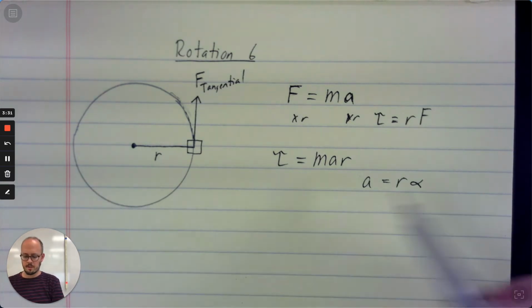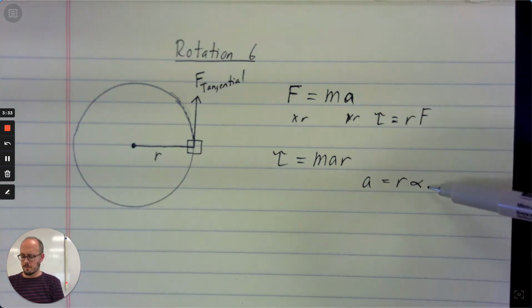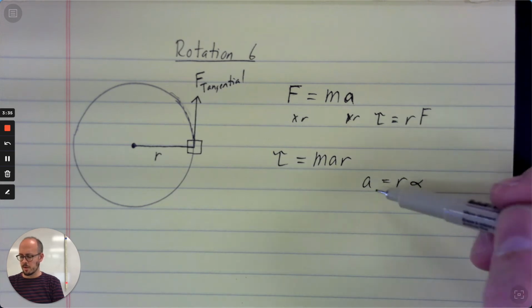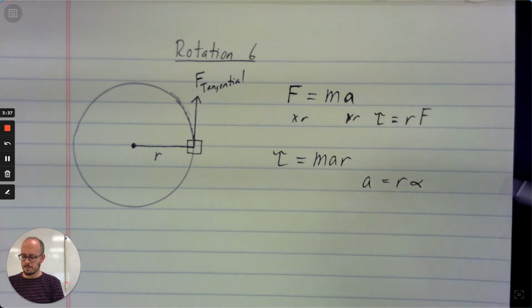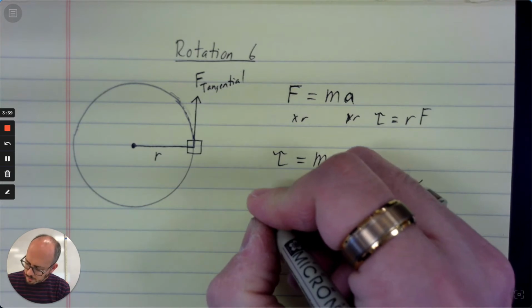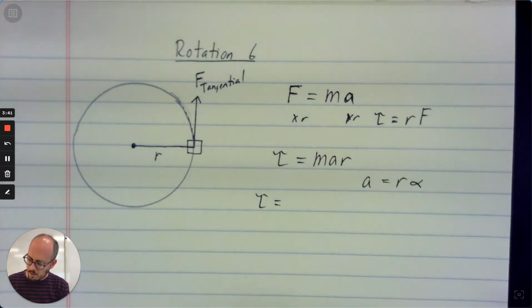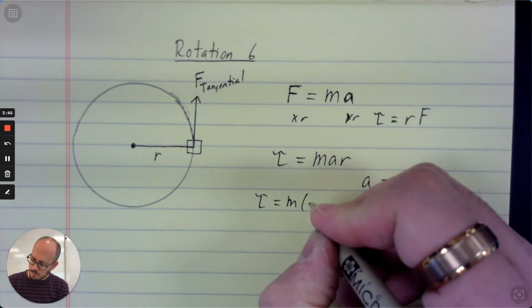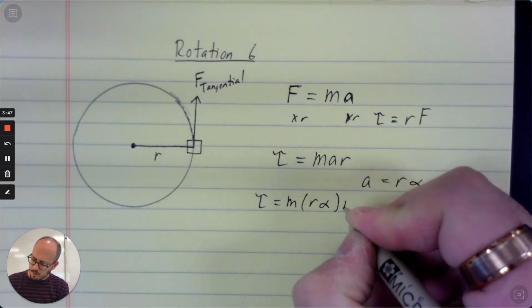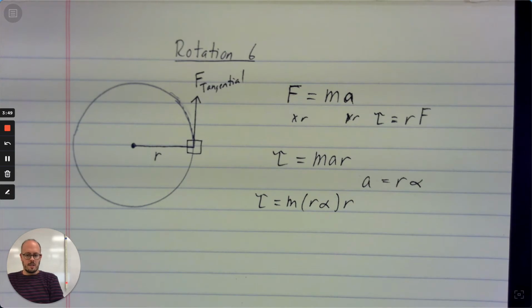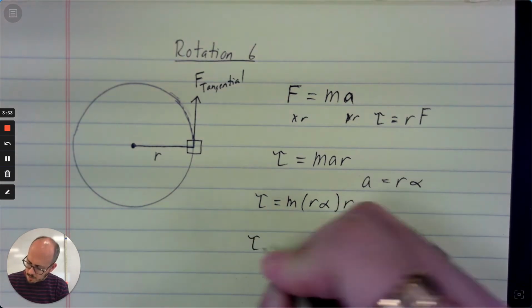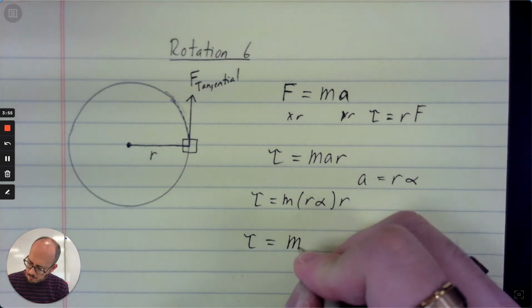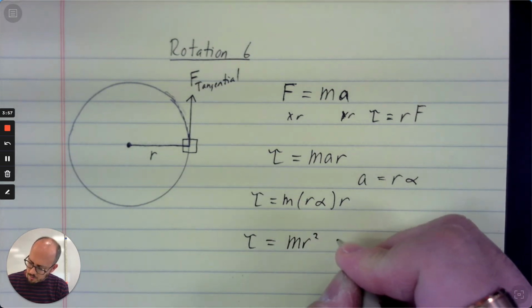So a equals r times alpha. When I get that in there, I have torque equals mass times r alpha times r. That's kind of a big mess, so let me simplify it. I get this equation: torque equals mr squared times alpha.